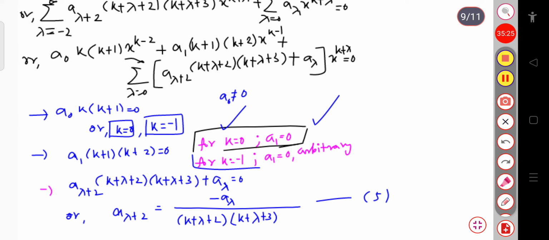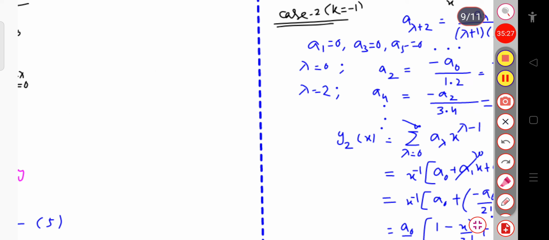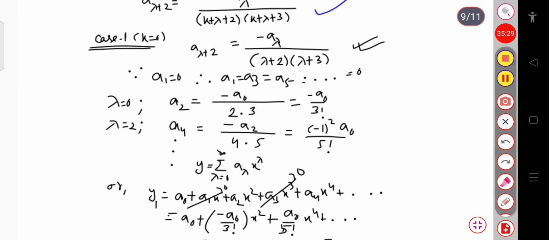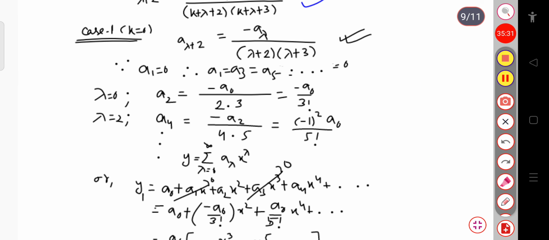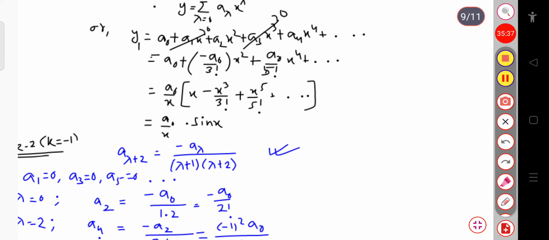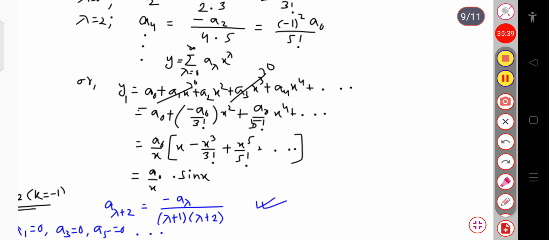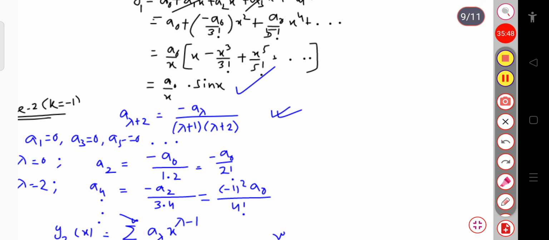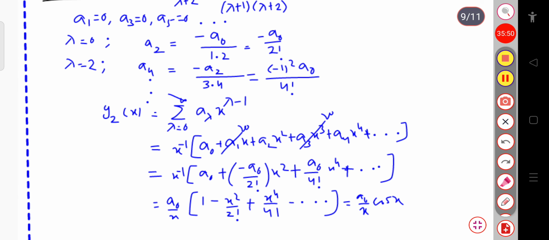When you put k equal to 0, all the powers of x are odd, so it is the sine series. When you put k equal to minus 1, you get the cosine series.